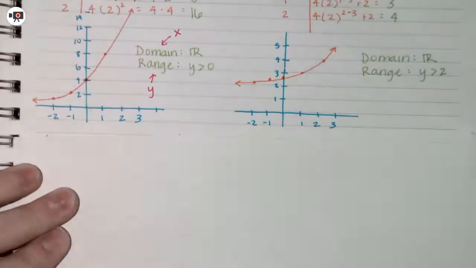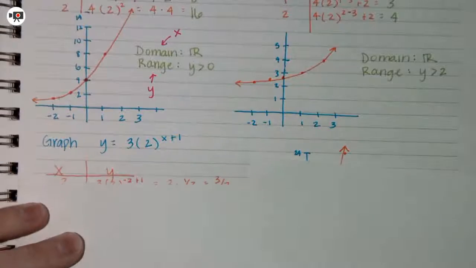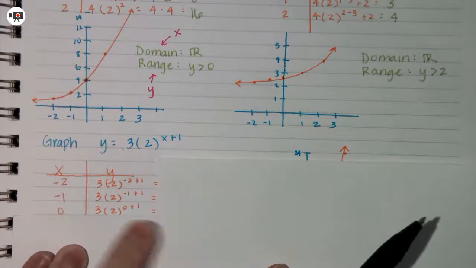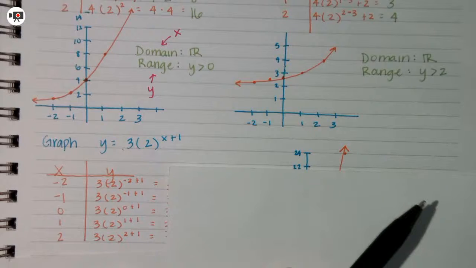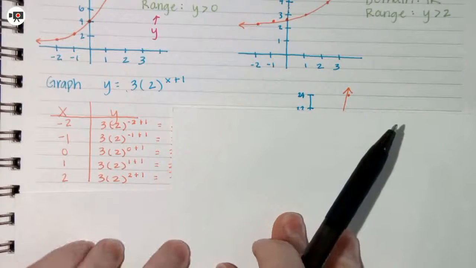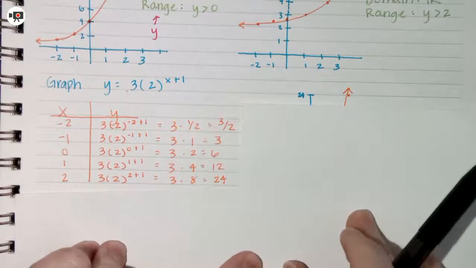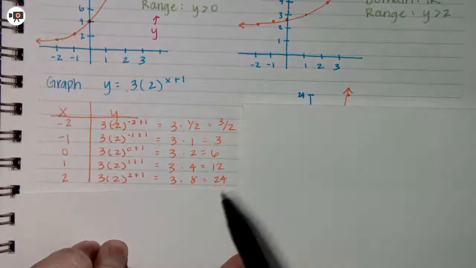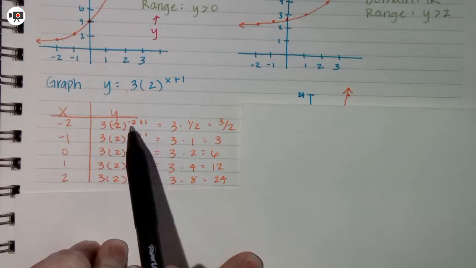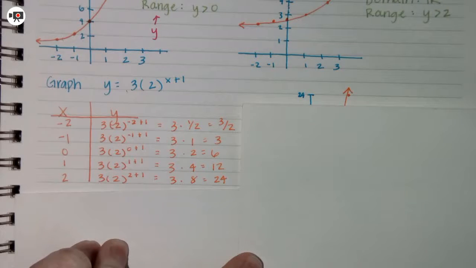Now let's try one more. For y equals 3 times 2 to the x plus 1, again, I chose my x values, and you plug those into the function, and you get your y values here. Remember, a negative exponent turns it into a fraction.